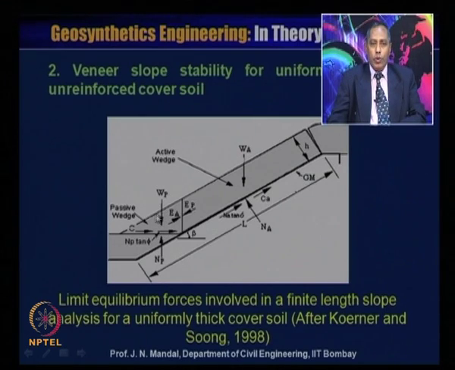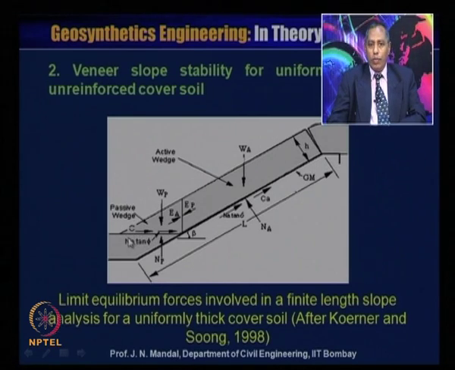So, W_P is the weight of the passive wedge, acting in this passive zone, and there is shearing resistance of the soil, with friction angle phi. There will be N_P, which acts vertically on the passive wedge. The shearing resistance acts in this direction, that is N_P tan phi, and there is also the cohesion value C.